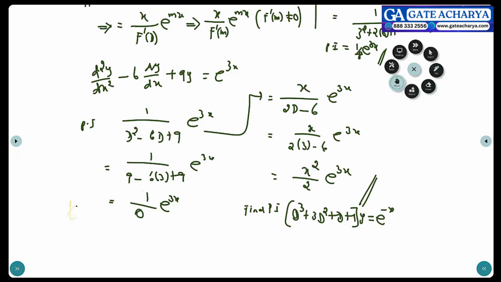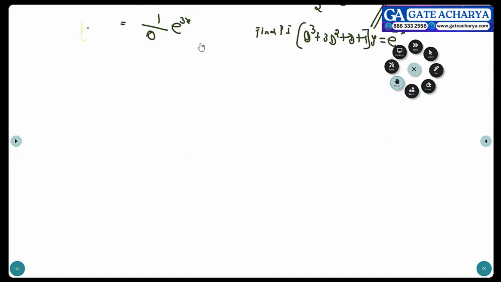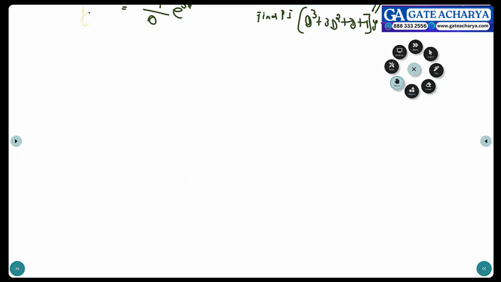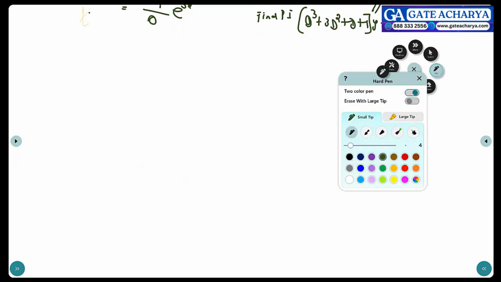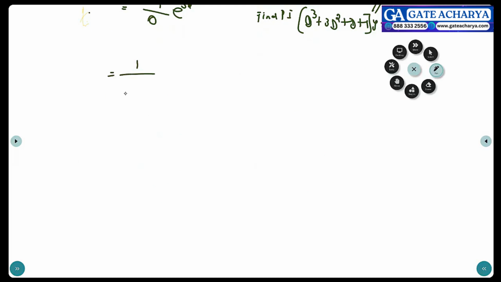Okay, check it. So the function is 1 by d cube plus 3d square plus d plus 1, into e power minus x. So replace all d by minus 1.